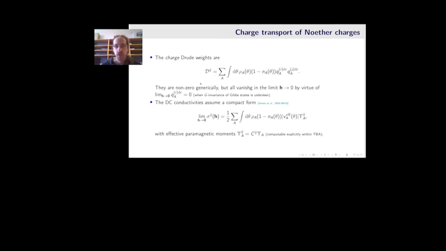Back to these expressions, you can stuff all the data that you have obtained into this formula. And now something remarkable happens. From this expression, one thing is apparent already: the Drude weights are manifestly non-negative quantities. If you take a generic state and generic quantity, they will be positive.